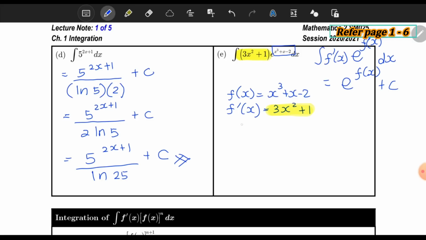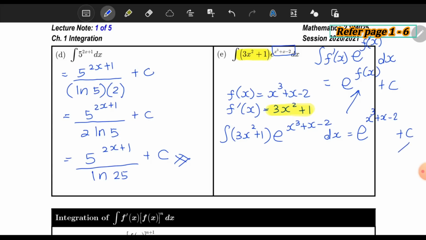So integrate 3x squared plus 1 exponent x cubed plus x minus 2 dx equal to, we use the rule, exponent f(x). For our case, exponent x cubed plus x minus 2, and then plus c.